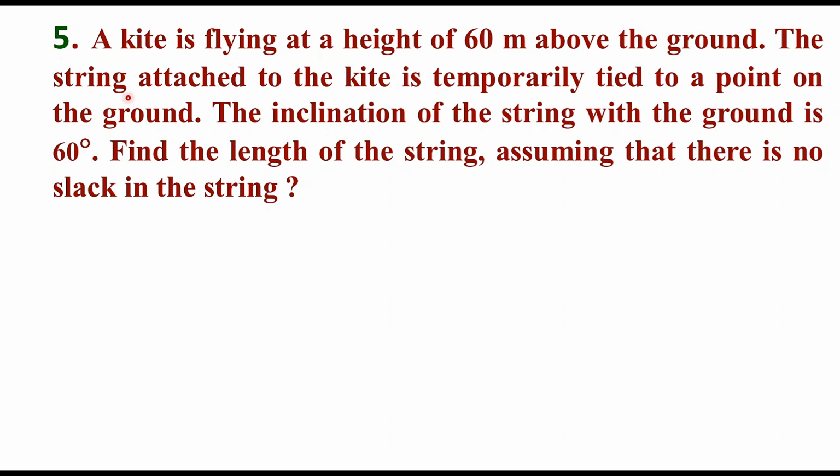Next question is, a kite is flying at a height of 60 meter above the ground. The string attached to the kite is temporarily tied to a point on the ground. The inclination of the string with the ground is 60 degree. Find the length of the string assuming that there is no slack in the string.